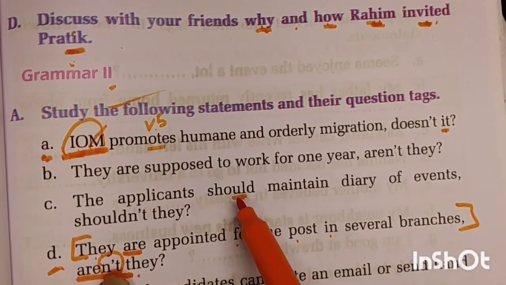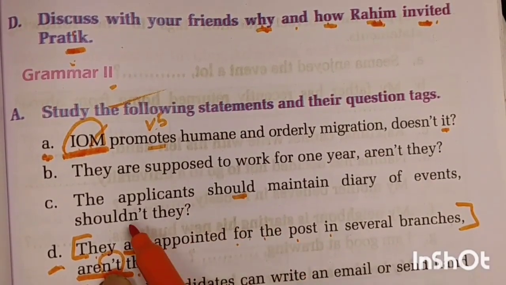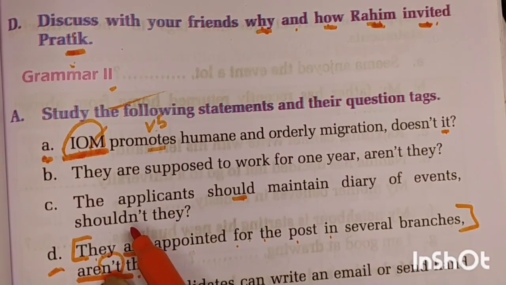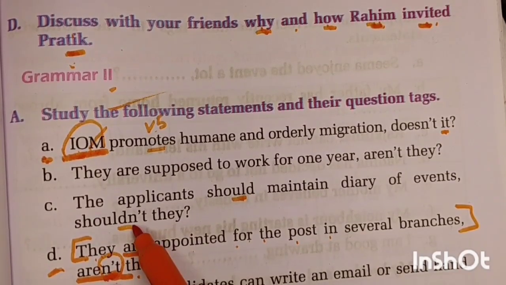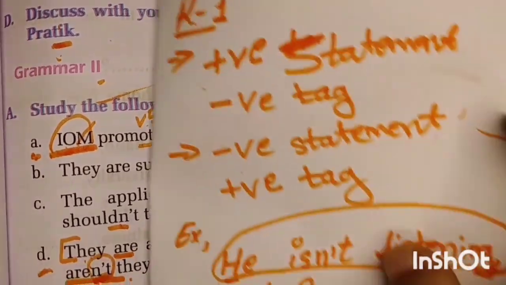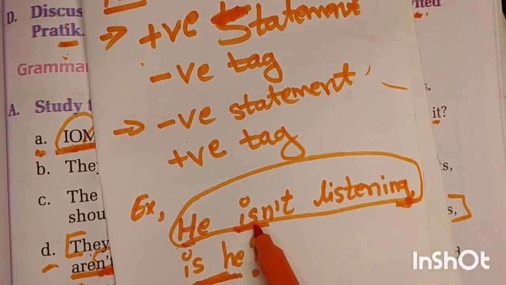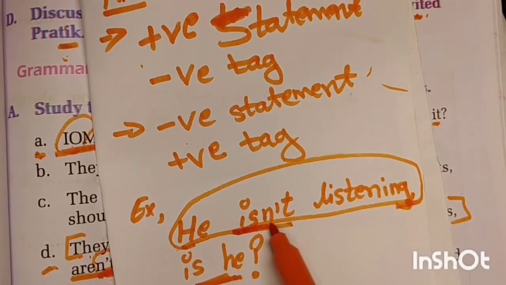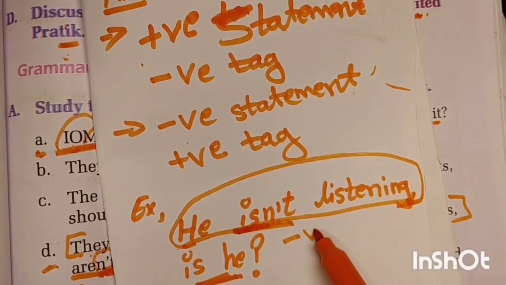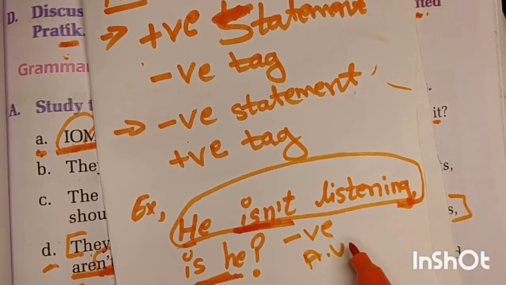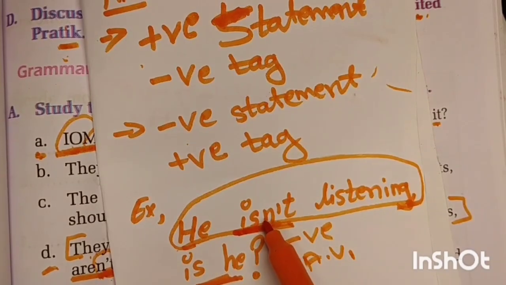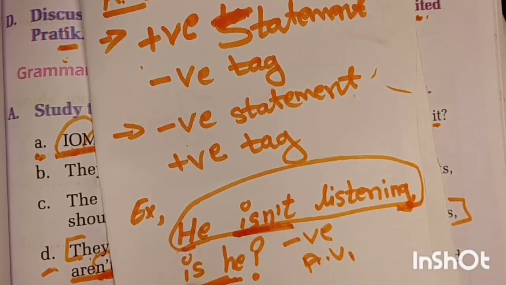And this positive auxiliary verb has changed into negative auxiliary verb. Should, shouldn't. And here I have already given this example. This is also auxiliary verb. It, isn't. This is negative auxiliary verb. Now we have changed this negative auxiliary verb into positive auxiliary verb.